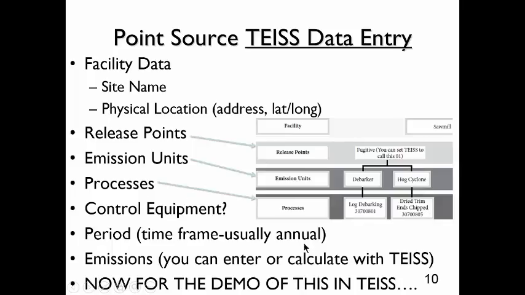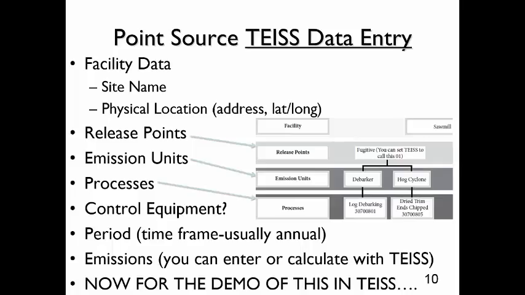The period, usually annually, but again, there's lots of seasonal things that happen. And then emissions. Now, if you get the emissions estimates from the permit application, for example, you can enter those into TEISS. You don't have to do these calculations again. But I think it's super interesting to just try it and see if you come up with similar numbers.